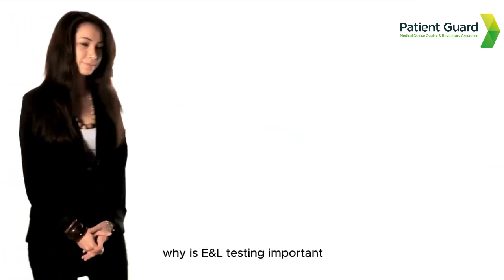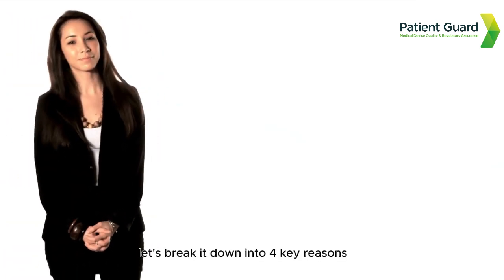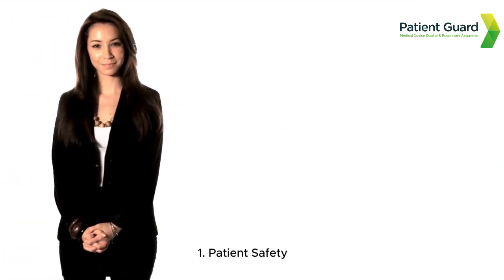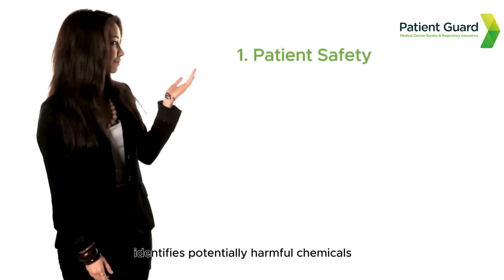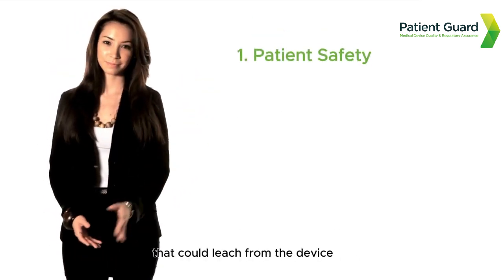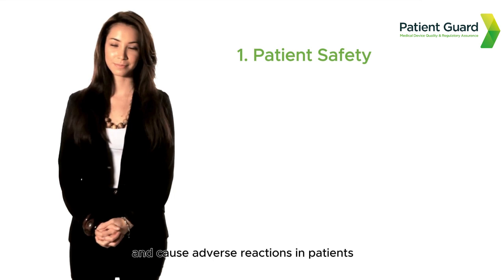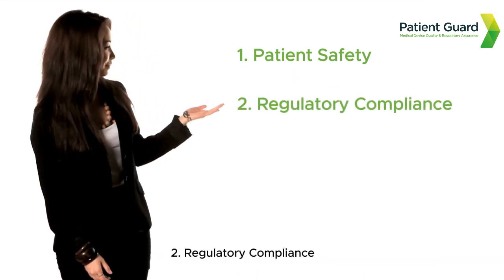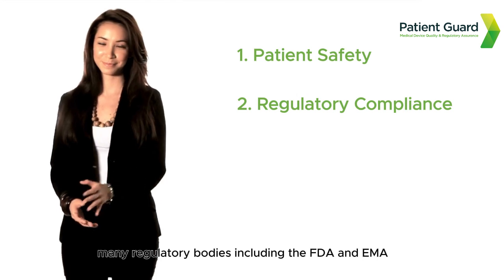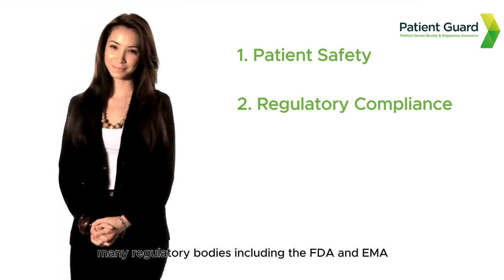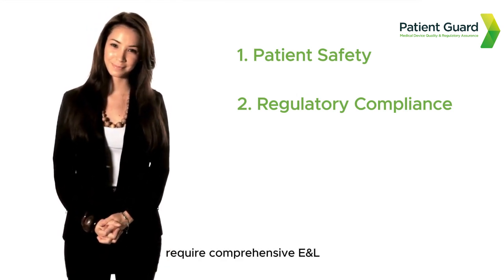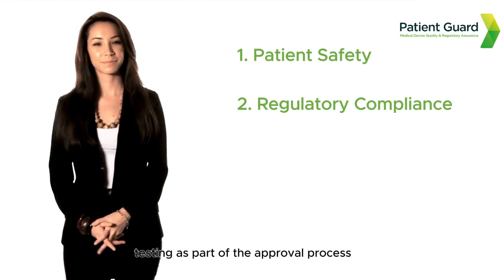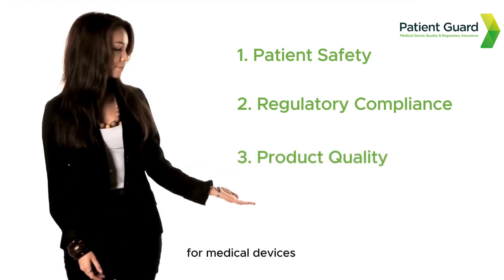Why is E&L testing important? Let's break it down into 4 key reasons. 1. Patient safety: identifies potentially harmful chemicals that could leach from the device and cause adverse reactions in patients. 2. Regulatory compliance: many regulatory bodies, including the FDA and EMA, require comprehensive E&L testing as part of the approval process for medical devices. 3.